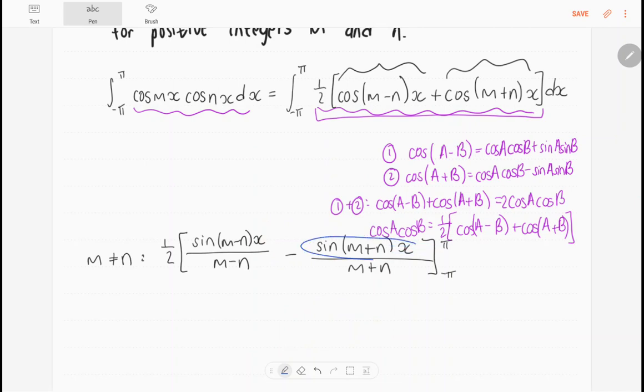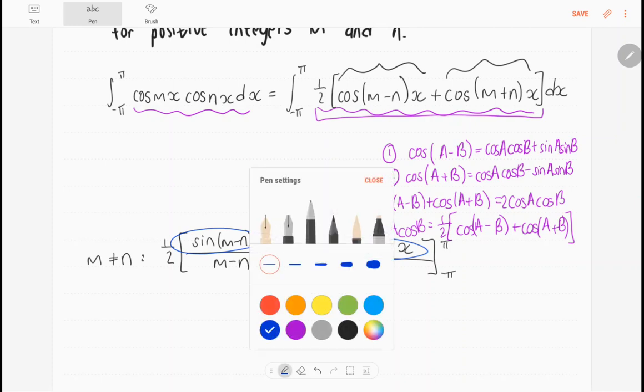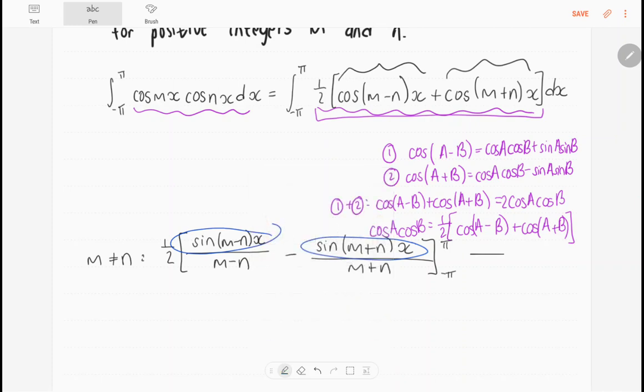That will be a multiple of pi when we substitute in our bounds, whether we substitute in the top or the bottom. So that is going to give us 0.